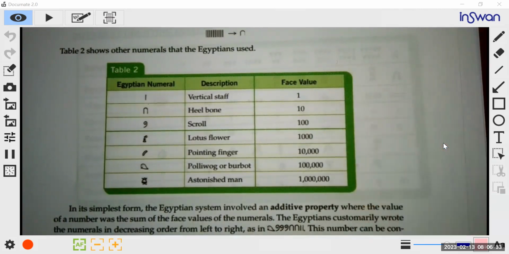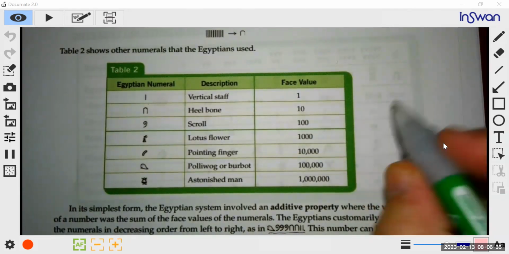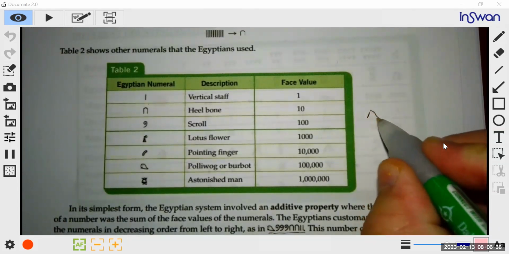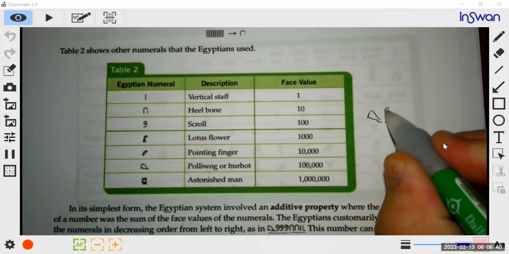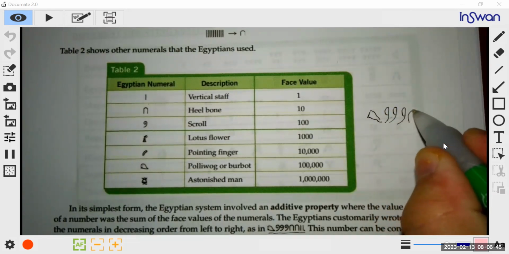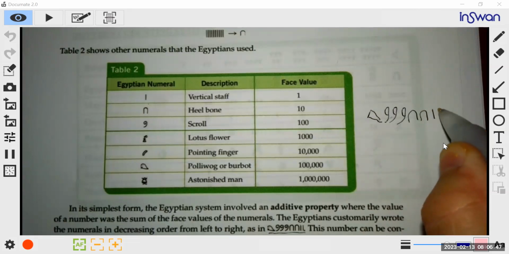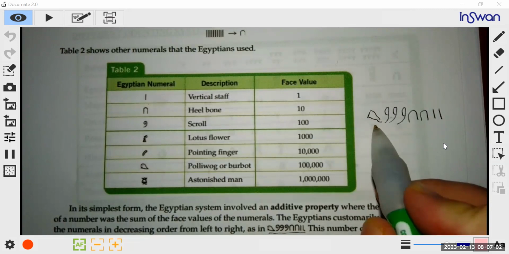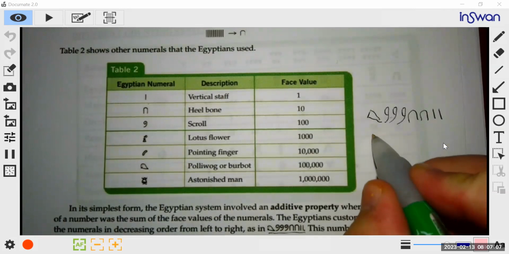So what if we had, it says down here, what number would that be? So what is this first symbol? Yeah, it's a Pawag, so that's 100,000.